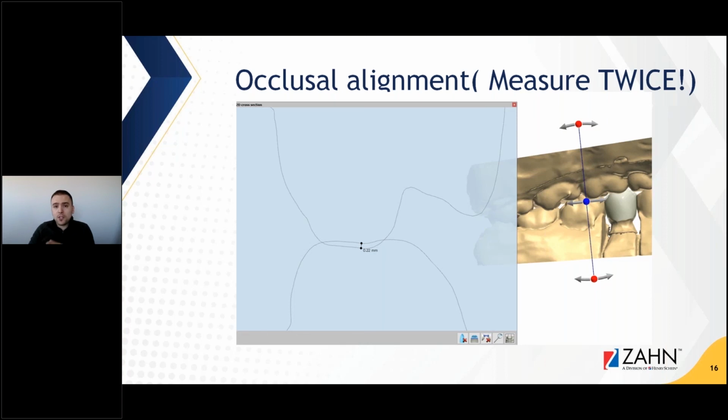In 3Shape software, when you adjust your occlusion, we usually do our occlusion at 0, but now we know that the bites are penetrating 0.2, so we're going to make our design negative 0.2, and that will compensate for when the bite actually closes in the patient's mouth, so it's going to end up where it's supposed to be.